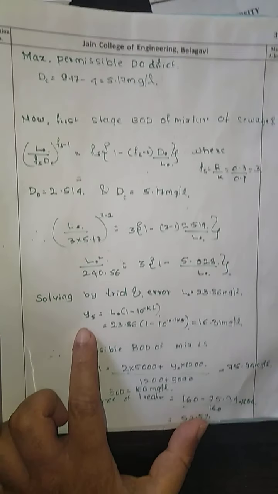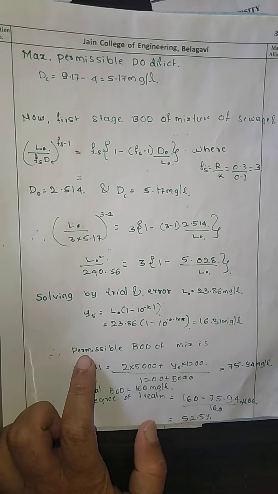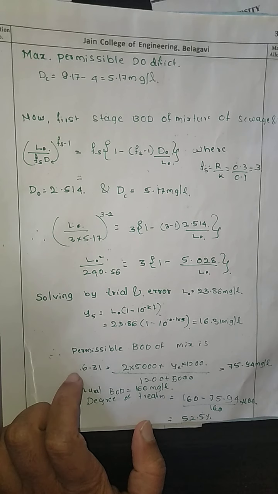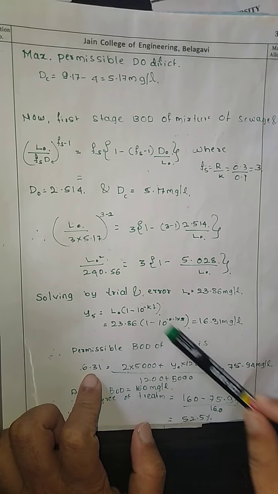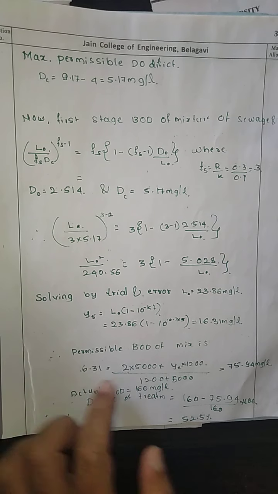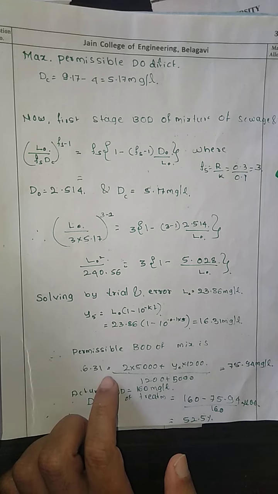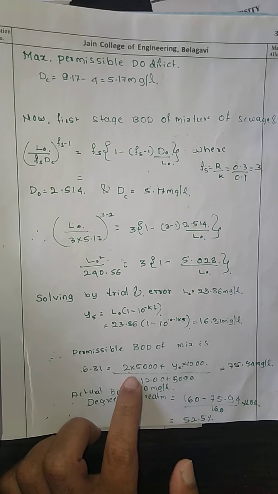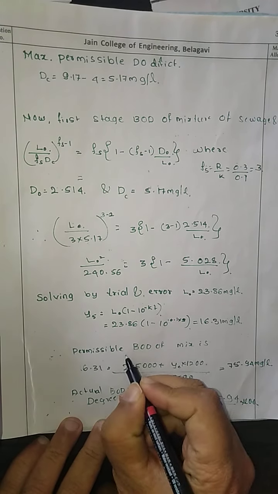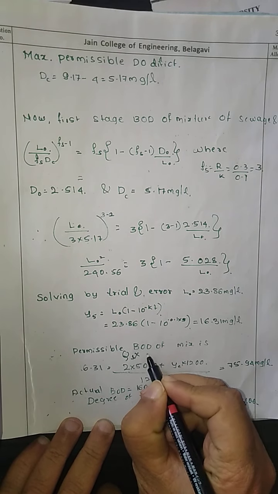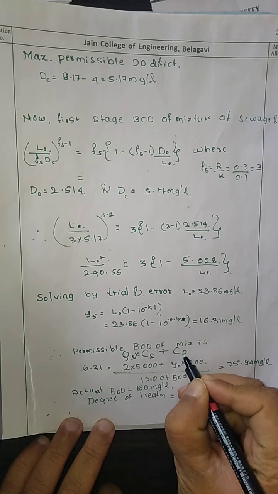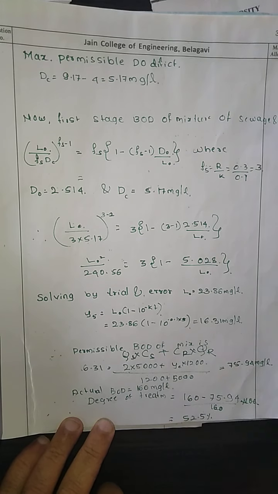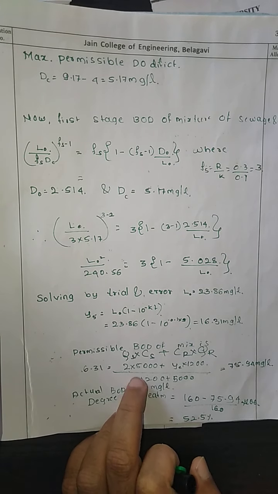So this is your 5-day BOD, and the maximum BOD they have given in the problem is 160. We place this 16.31 mg per liter, the BOD of the mix, equal to the formula (Qs into Cs plus Cr into Qr) divided by the total flow.